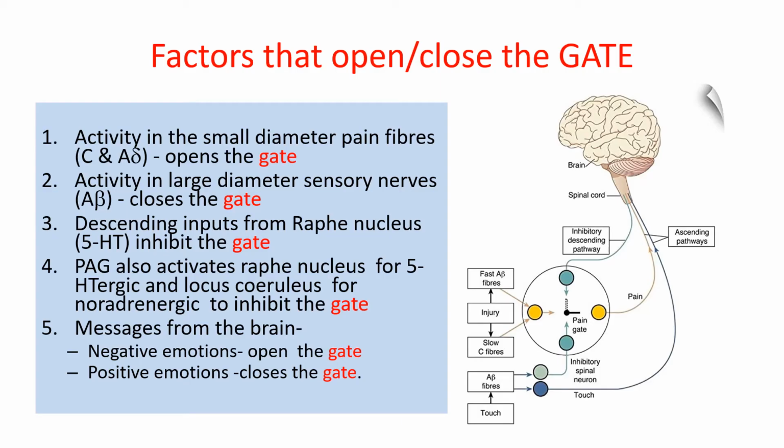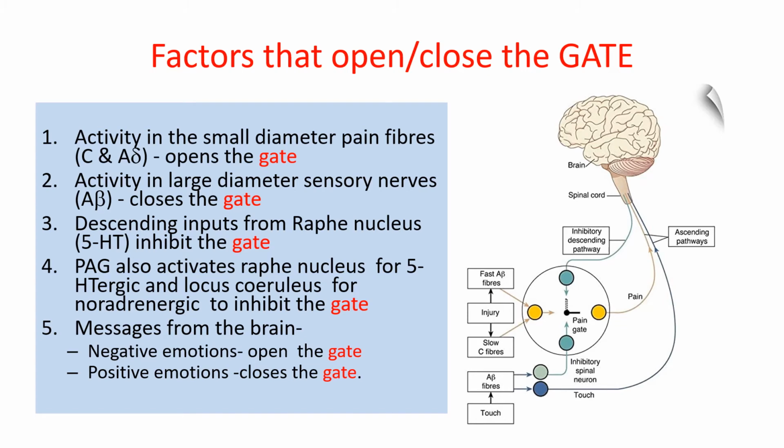Further, these are the factors that would open or close the gate. The activity in the small diameter pain transmitting fibers opens the gate. You can see that on one side these are C fibers and A delta fibers, they open the gate.